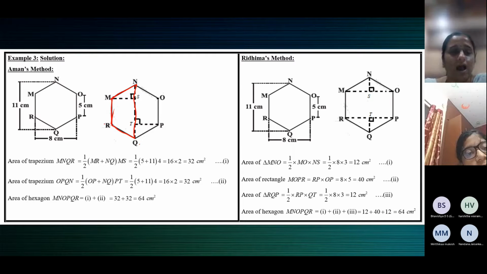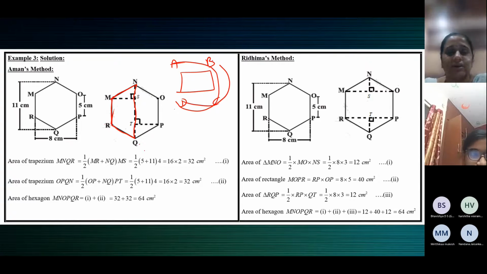You cannot say MNRQ. Like when you have a rectangle ABCD, you cannot say rectangle ABDC. It is rectangle ABCD. You must use the vertices in the clockwise or anti-clockwise direction. You can also say DCBA, or you can say rectangle CBAD, or you can say DABC.